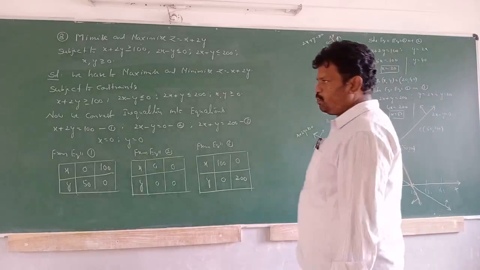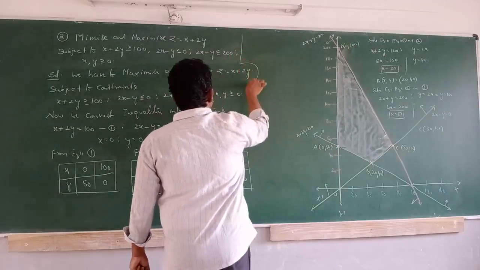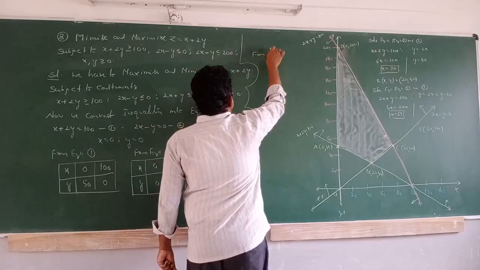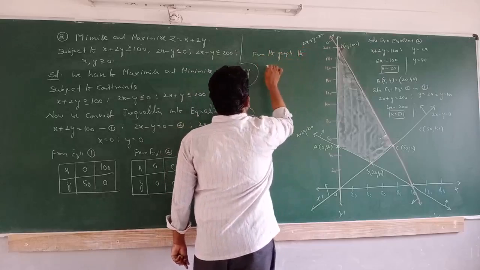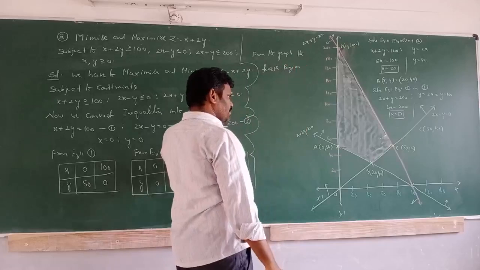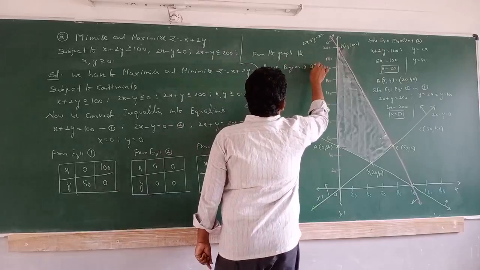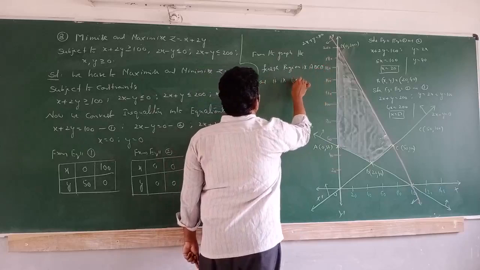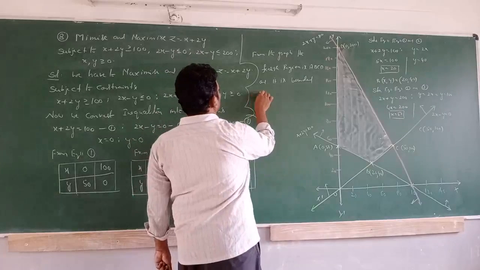So these are the corner points of the feasible region. From the graph, the feasible region is ABCD and it is bounded.